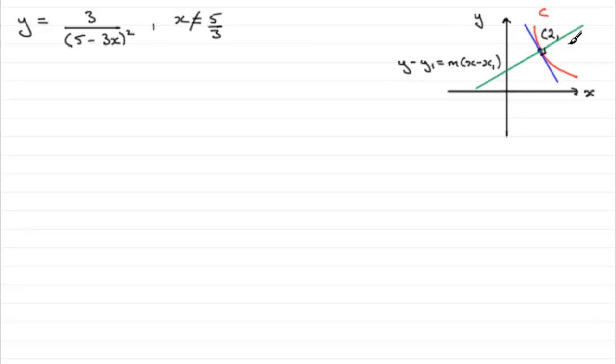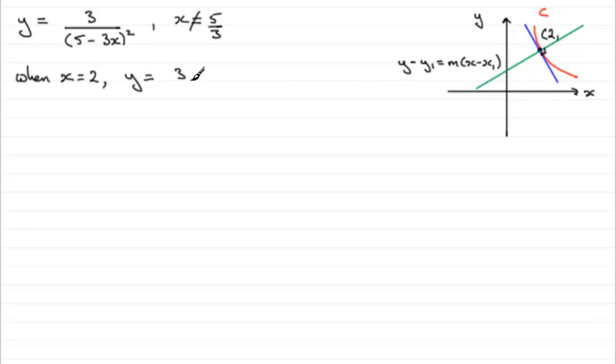So when it comes to working out the equation of the normal, what I need is my y1 value. I've got my x1 value, it's the 2, the point on the curve. I can get the y value very easily by substituting x equals 2 into here. So when x equals 2, what's the corresponding y value going to be?